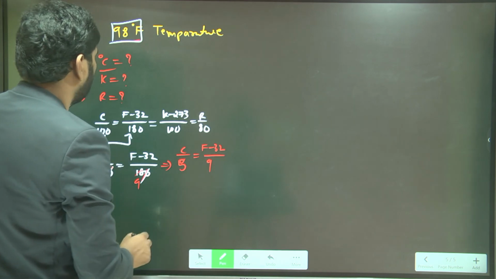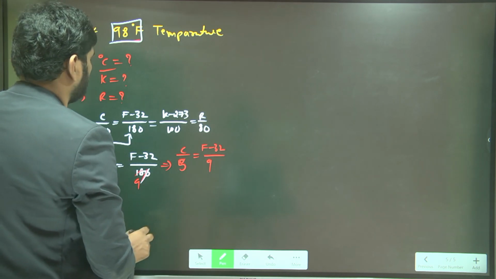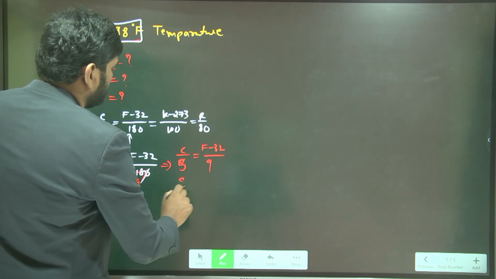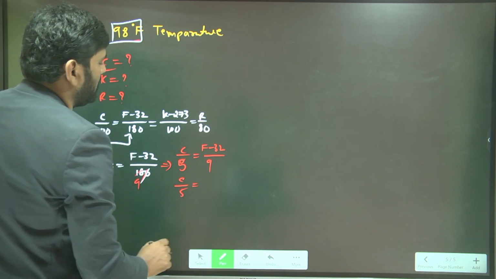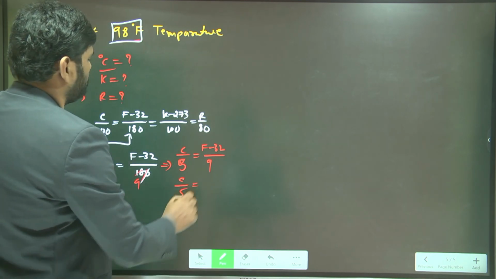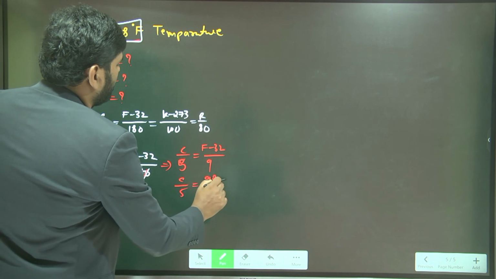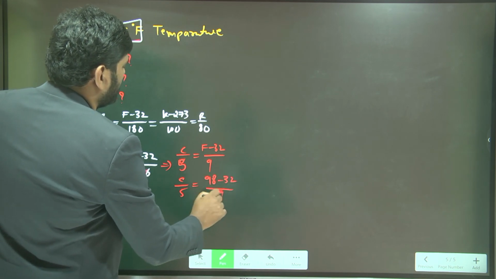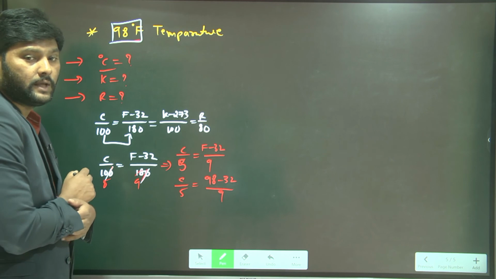What is the C value? We have to find the C value. C by 5 is equal to F value. What is the F value? 98 Fahrenheit minus 32 by 9. So simplify it.